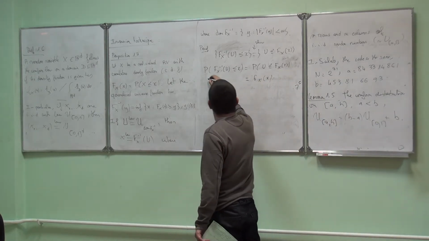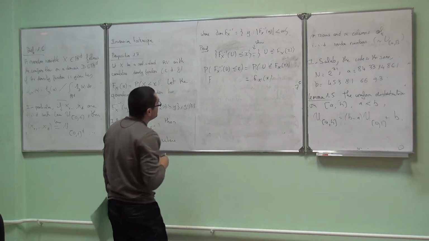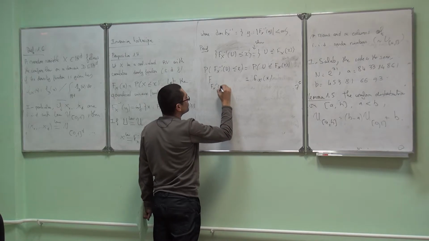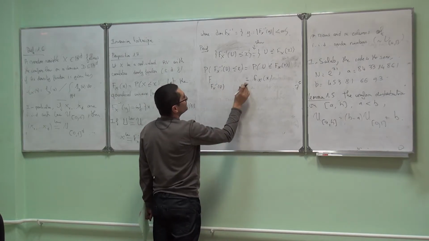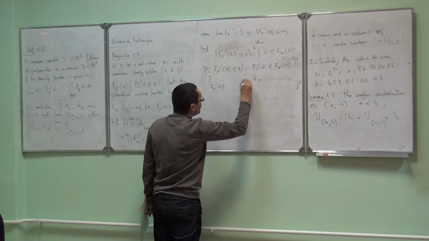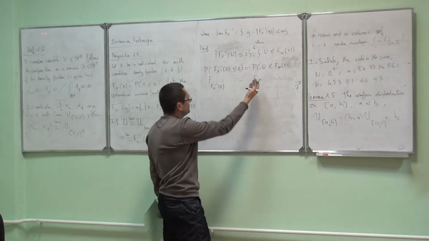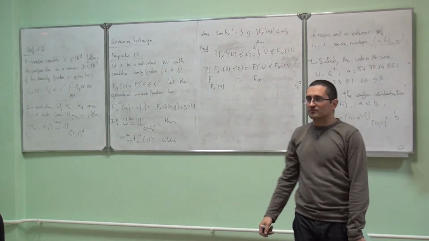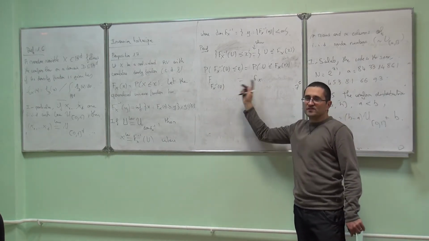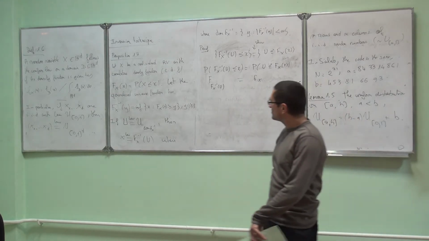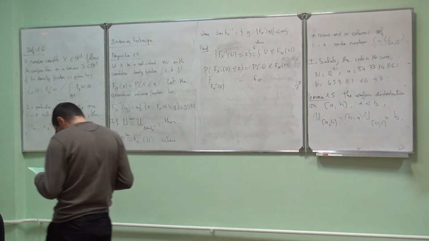And this means that the cumulative distribution function of the random variable Fx^-1(u), let's say it is B, equals this one. This equality just means that the two random variables indeed are equal in law. So this is the main idea.